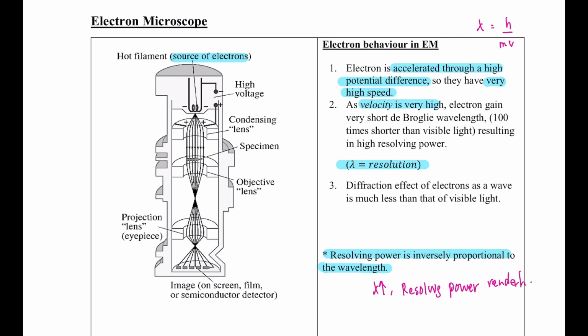Okay, so diffraction effect of electron as a wave is much less than the visible light. Okay, kenapa? Kalau kita tengok kat sini, nanti kita buat calculation. Lambda of electron ni lagi kecil berbanding dengan lambda light. Kalau lambda light, saya cakap, kalau lambda ni 10⁻⁷. Okay, lambda electron will be much smaller than that, 10⁻⁹. So bila dia lagi rendah, dia lagi boleh look more details.